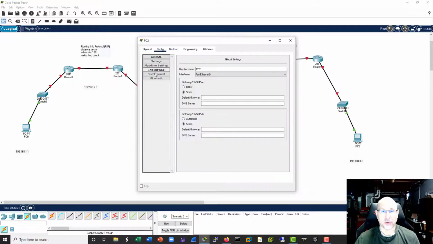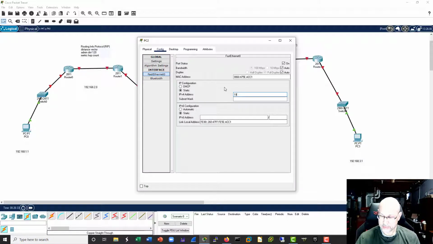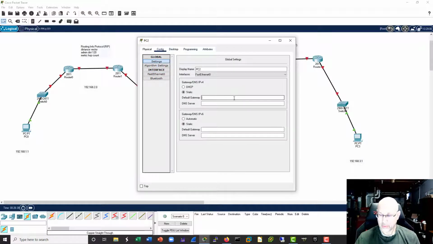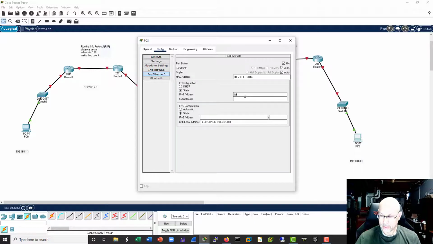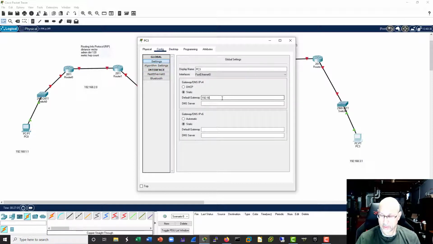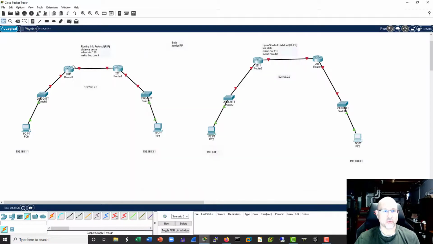We'll do the same thing over here while we're thinking about it. 254. Boy, I'm having a little trouble typing today. And 192.168.3.1, gateway .254. All right, on to the routers.